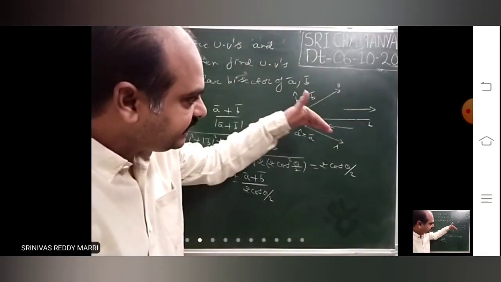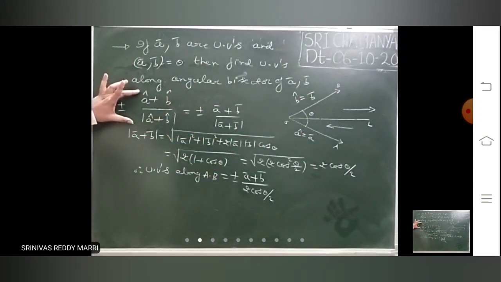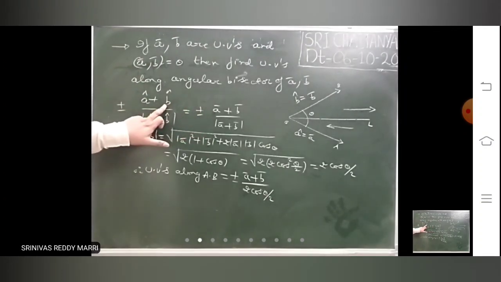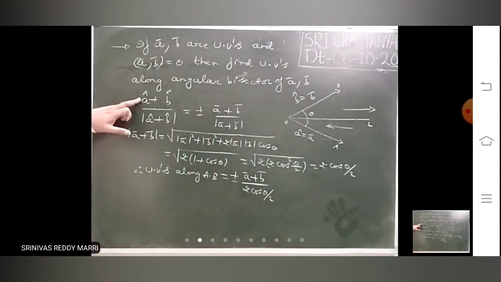Like that, if you know A bar and B bar, this is the unit vector formula along the angular bisector. A cap is A bar only, a unit vector, and B cap is B bar only; otherwise it is A bar divided by modulus A bar, and modulus A bar is 1. So if you know the angle, you can find the unit vector along the angular bisector.